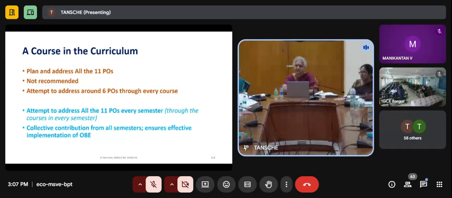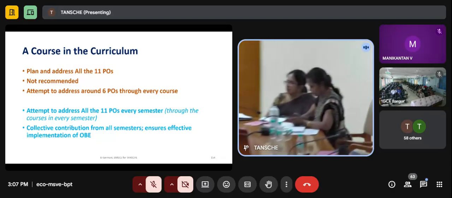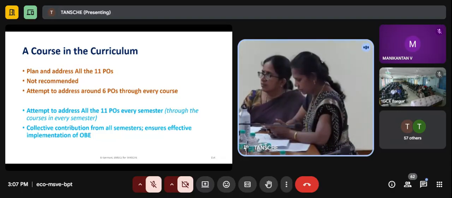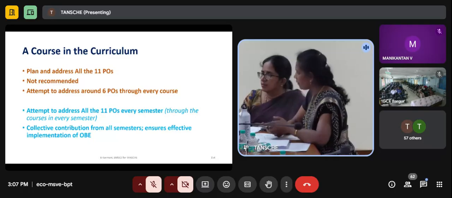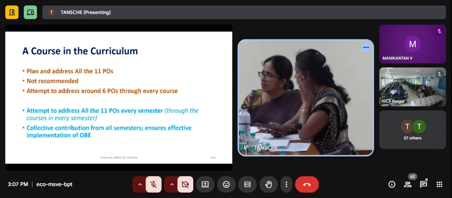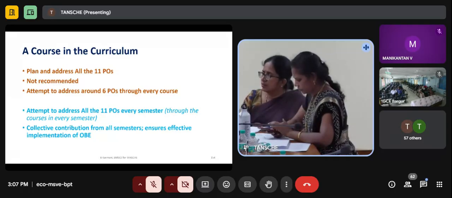What we are looking at is every course will map to around six POs, five, six, around six. But what we want is every semester, let us address all the POs. I have 6 courses. Someone will address ethics, someone will address teamwork, someone will address communication, and we have all the 11 POs addressed every semester.